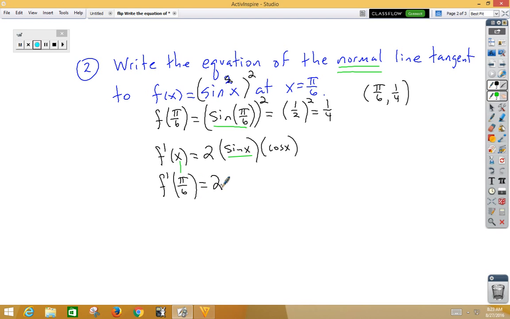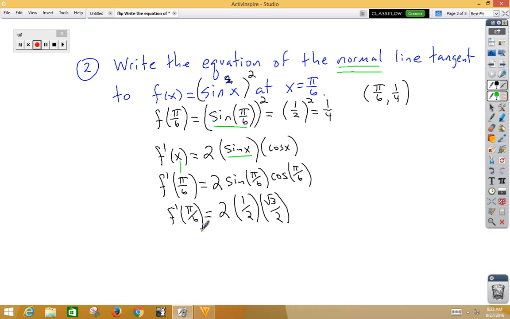So we get 2 times sine of pi over 6 times cosine of pi over 6. Well, that would be 2 multiplied by sine of pi over 6, which is 1/2, multiplied by cosine of pi over 6, radical 3 over 2, is f prime of pi over 6. Well, clearly we can cross out the 2's, leaving us with a slope of the tangent line of radical 3 over 2.